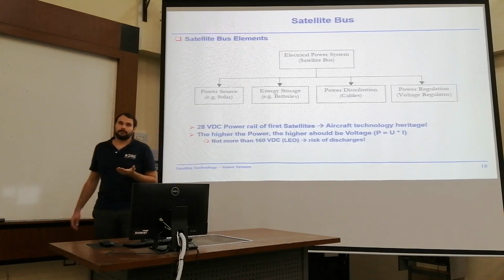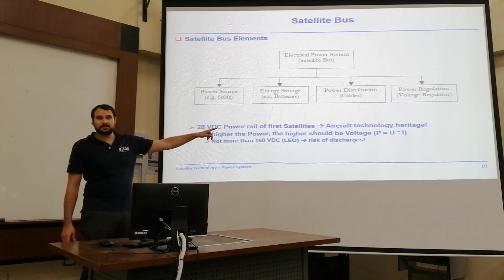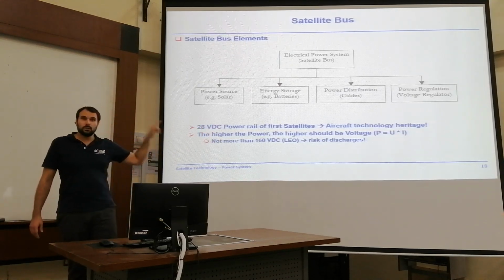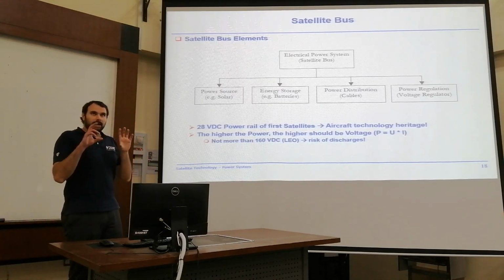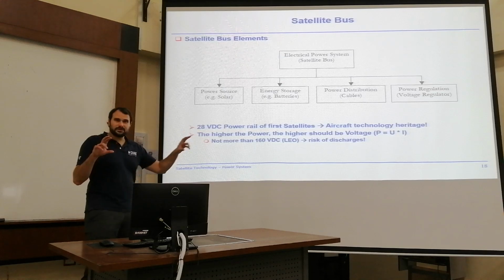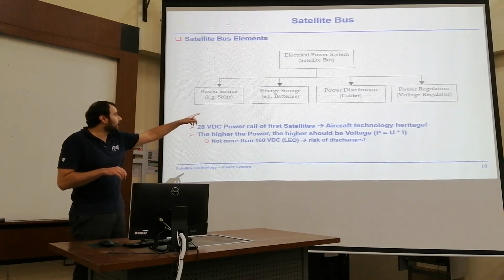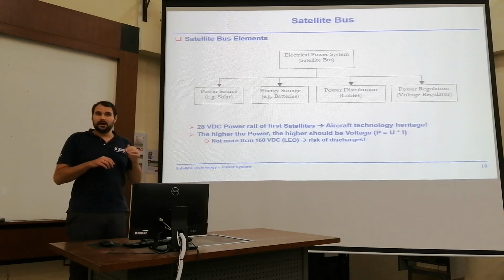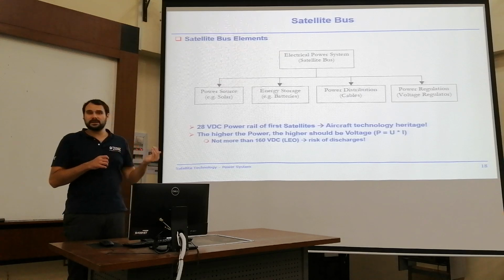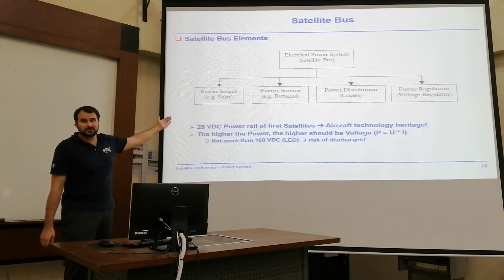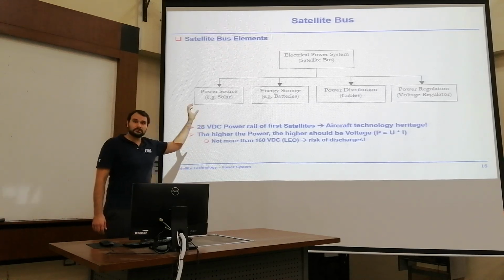Why is that? As you can see, our power is calculated by multiplying the voltage and the current. And the higher the current, the higher the losses in our power cables. Because we don't want to waste so much energy on board the satellite, I mean, we already wasted so much to generate the power, and now that it's inside our satellite, we don't want to waste any more.